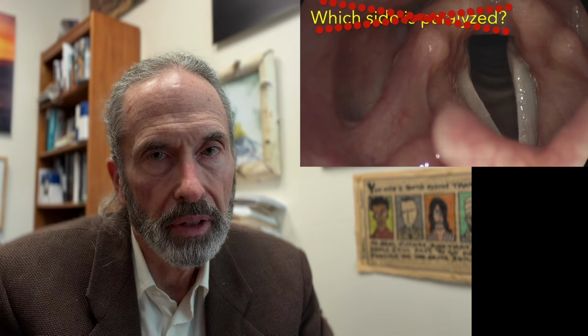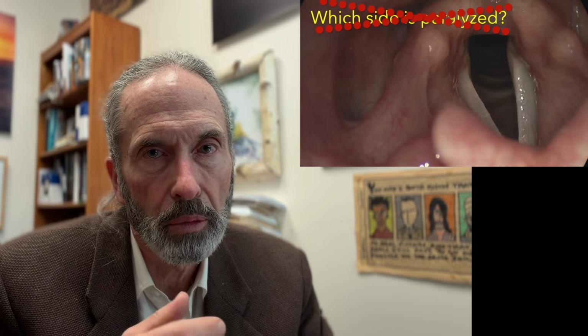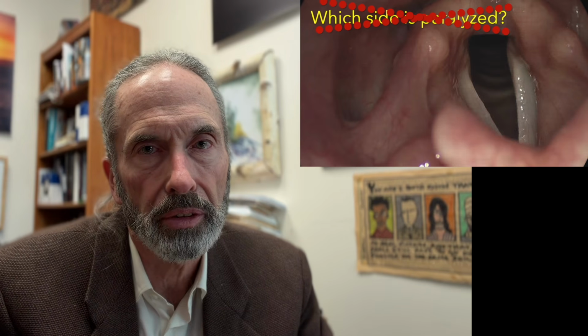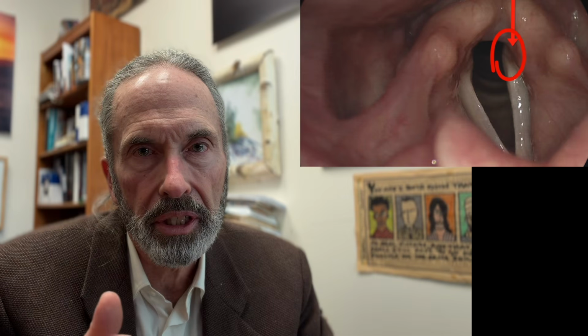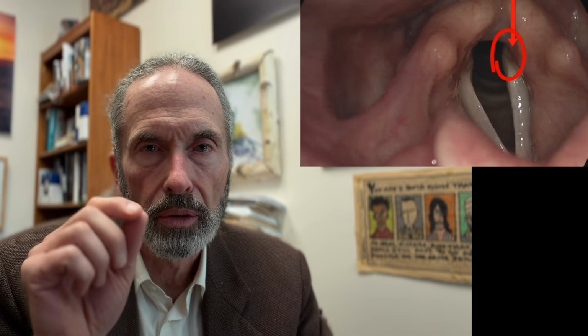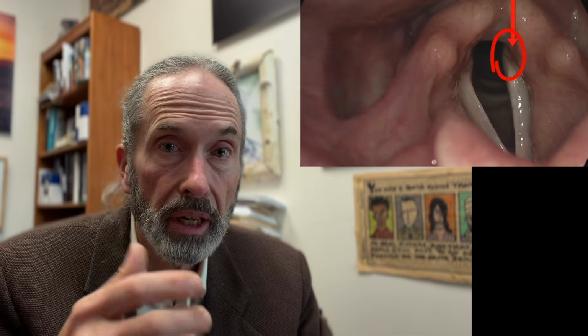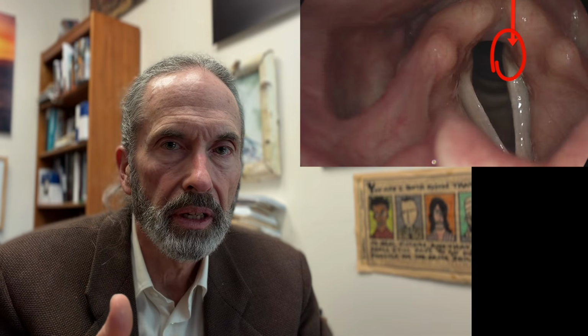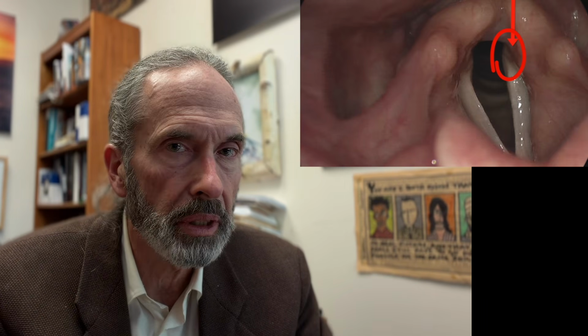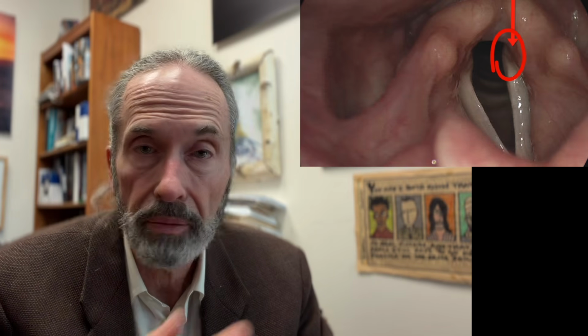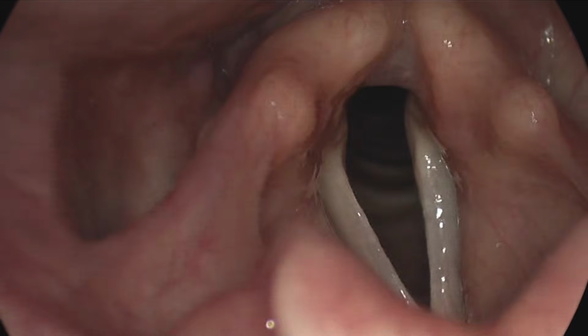Instead of asking, is this paralyzed, let's try to be more precise in our analysis. The way we're going to get at precision is to focus our eyes on one particular structure and what it does at a given time. That structure for this talk is going to be the vocal process on the left and then on the right.